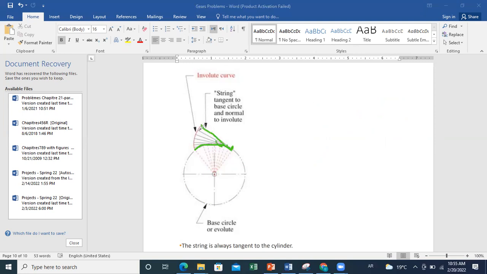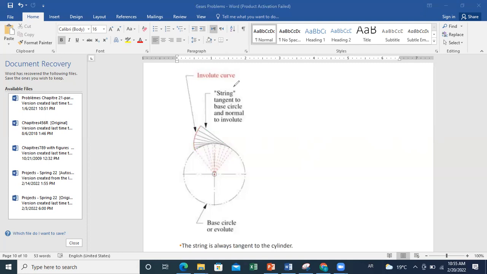Since the involute should be normal to these tangent lines, you can detect the shape of your involute.